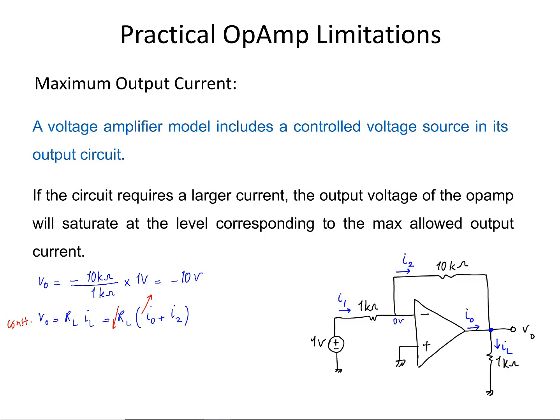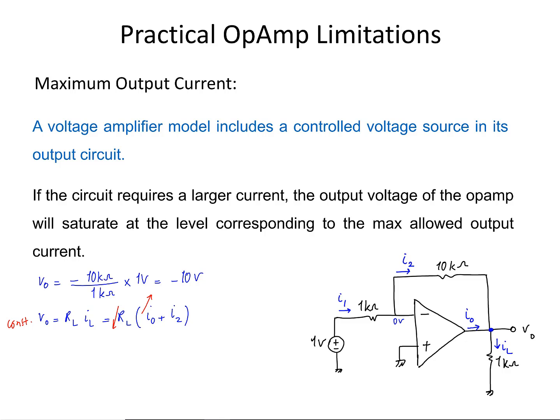But there is a limit on how much I can increase the I out value. When it hits a threshold value, the output voltage of the op-amp is going to saturate. So the output of the op-amp is going to be limited by the maximum output current value.